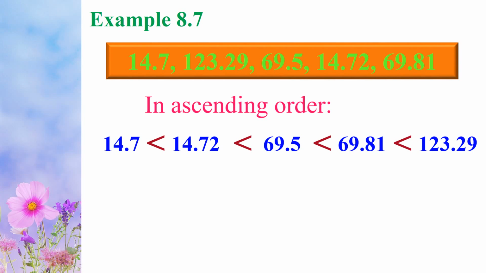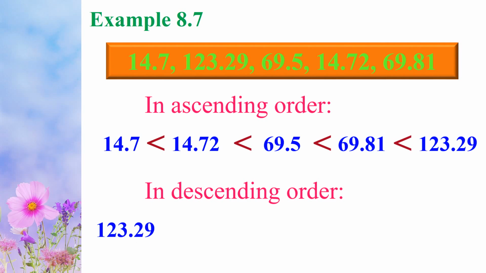Next, let us write in descending order. We already know descending order means to arrange the decimals from largest to smallest. We already know 123.29 is the largest decimal.